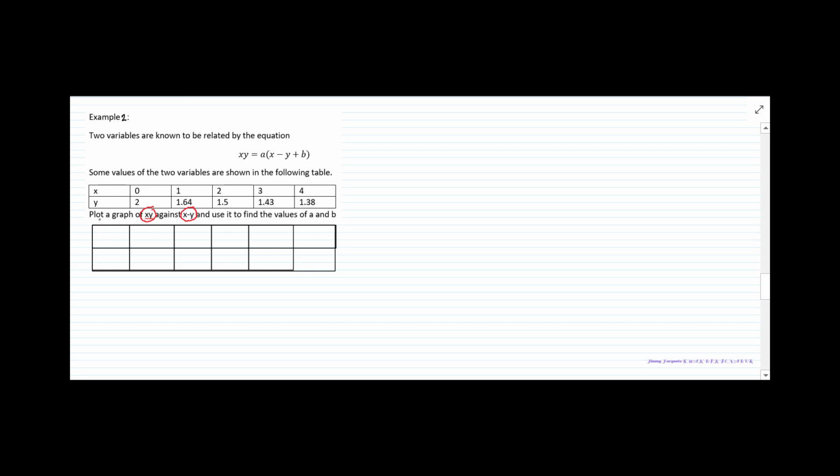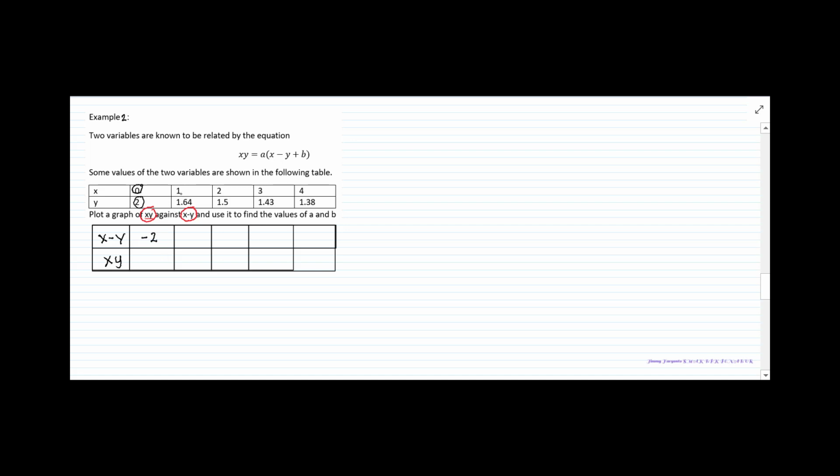The question wants us to plot the graph of xy against x minus y. So the x-axis will be x minus y and the y-axis will be xy. We have to calculate x minus y for each column. The x is 0 and the y is 2, so 0 minus 2 equals negative 2.